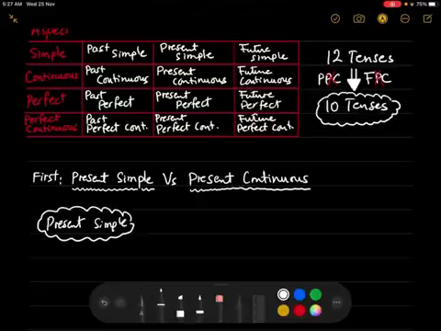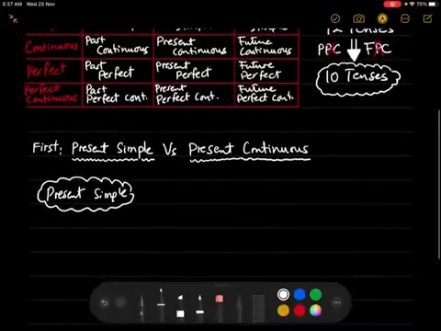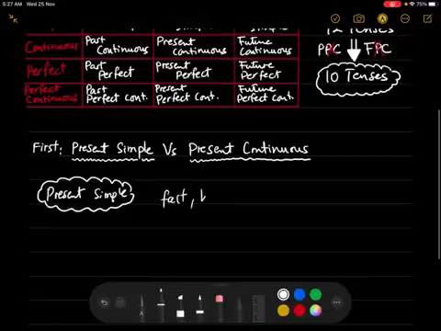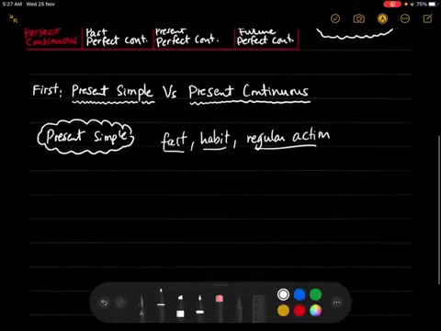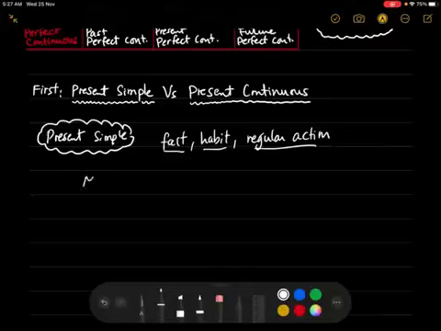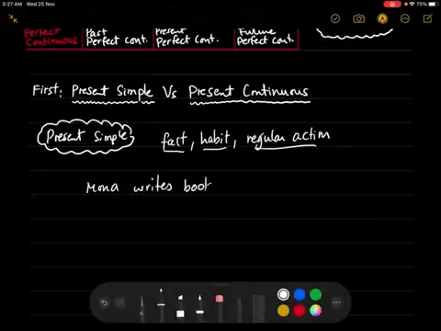Actually, present simple is used when we want to talk about a fact, a habit, or a regular action. Fact, habit, a regular action. For example, if we say that Mona writes books, that's a fact which is always true about Mona.